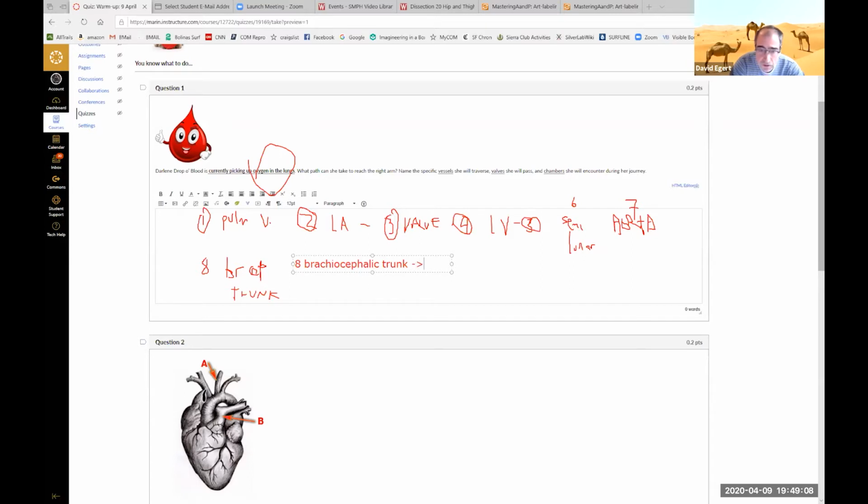And what's she going to go to next? Subclavian artery. Right. Say that one more time. Subclavian artery. Exactly. It's going to be the right subclavian artery. And then where's she going to go next?